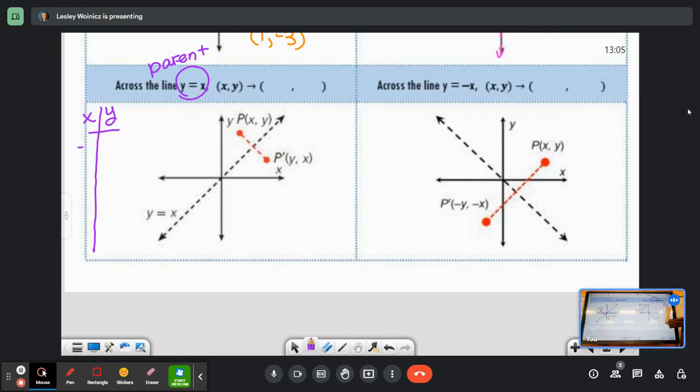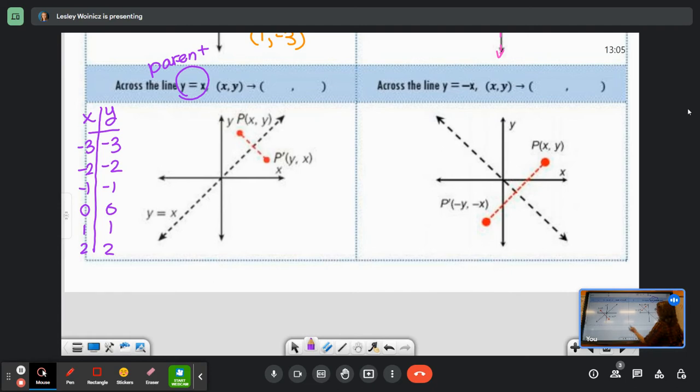So if my x is -3, my y has to be -3 because they have to be equal. They have to be the same. If my x is -2, my y is -2. -1, -1, 0, 0, 1, 1, 2, 2, and so on. So that's this line right here.